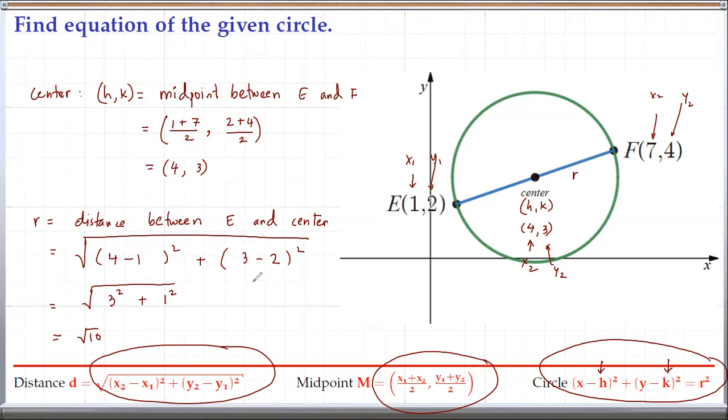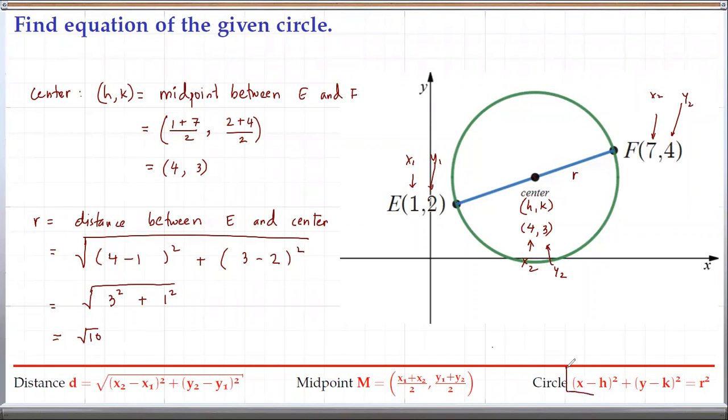So now we are ready to write down the equation of the circle. We will simply use this format. We have x minus h squared plus y minus k squared equals r squared. So we have x minus h squared, h is 4, plus y minus k squared, k is 3, equals r squared.